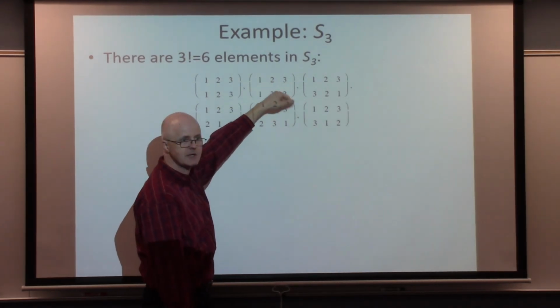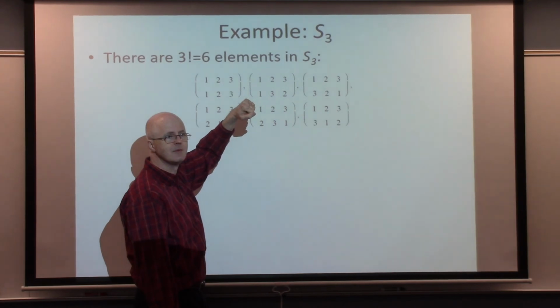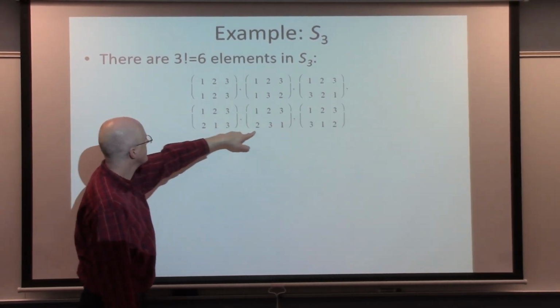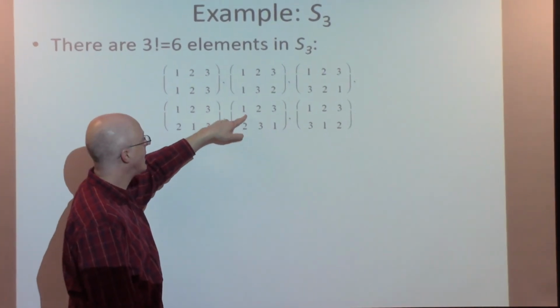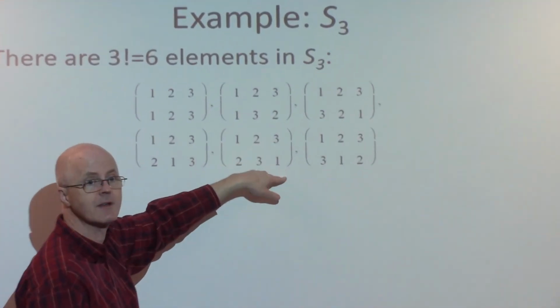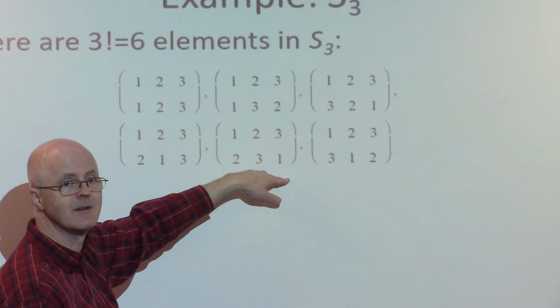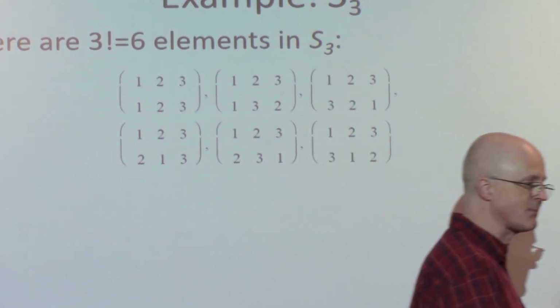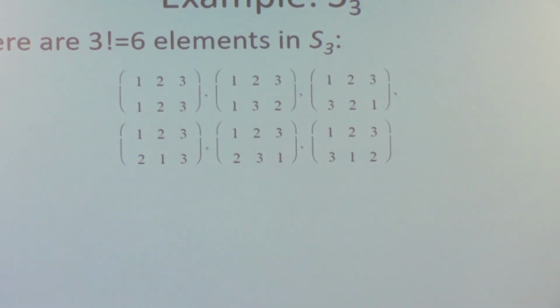Maps 2 to 3 and 3 to 2. This one, for example, cycles from 1 to 2, then 2 to 3, then 3 to 1. We've got 6 possibilities here. Those are the 6 permutations in the array notation.